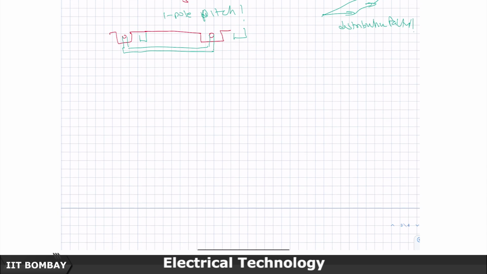What I am talking of is space harmonics in B of the magnet, which is also your rotor, which leads to corresponding voltage time harmonics at the same frequency.